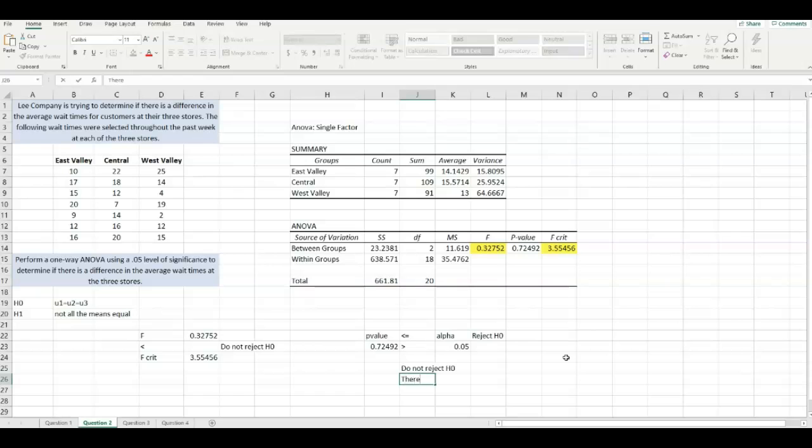So there's not enough evidence showing that the wait times between our 3 different Valley stores are different. There is a difference between the sample means, but it's just not significant enough.